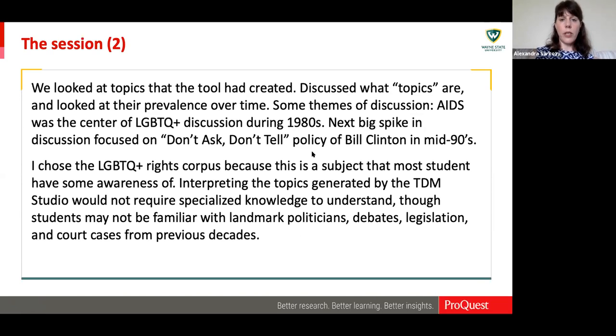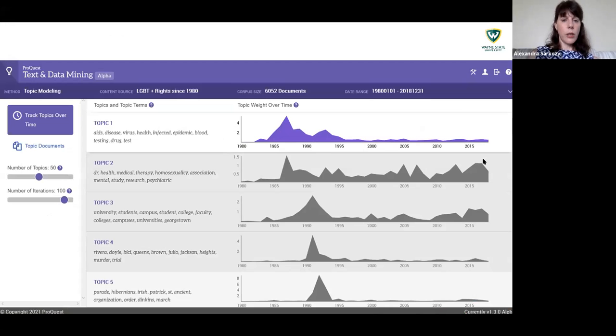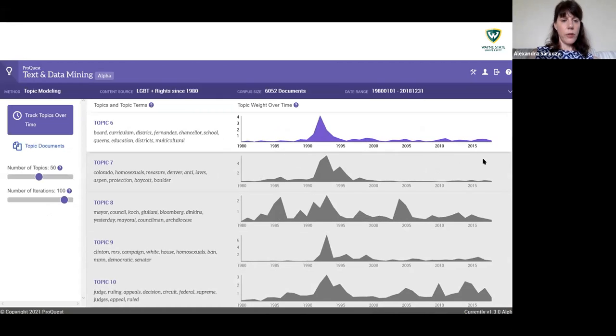His policy of non-disclosure for military personnel regarding homosexuality, and everyone is very concerned about AIDS at that point, because this was pre-AZT, pre-treatment. So there's the topics. And then, yeah, here we see there's some topics about Mayor Koch, Mayor Giuliani, Mayor Bloomberg, Clinton's run up to a presidential campaign.